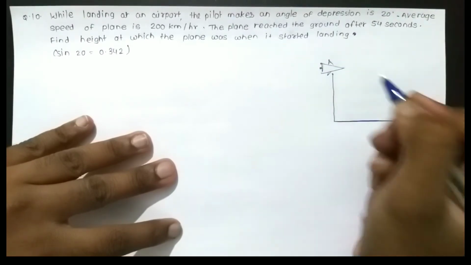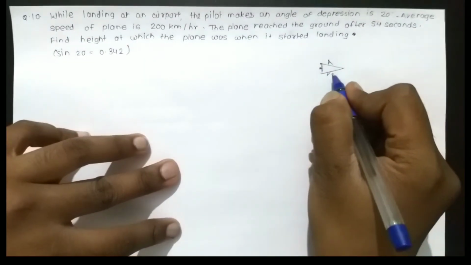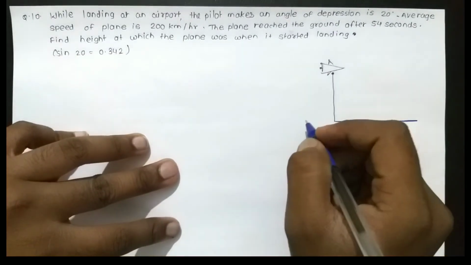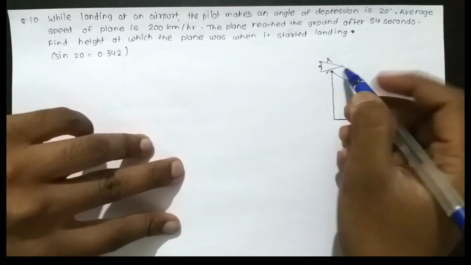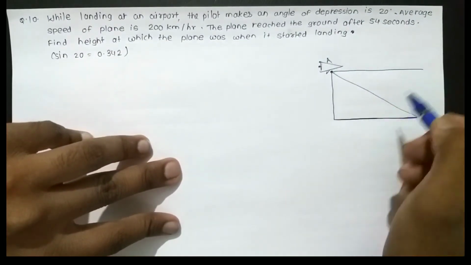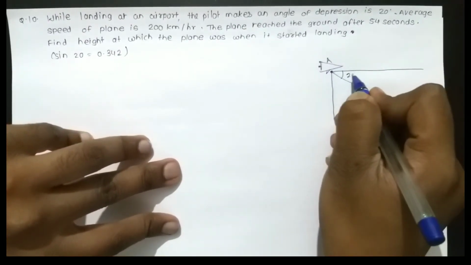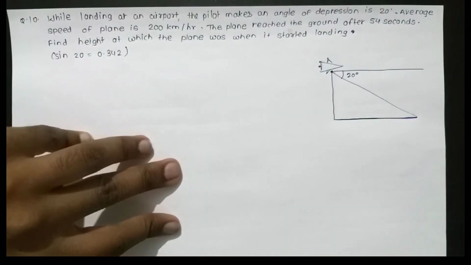Okay, the pilot makes an angle of depression. The angle is always with the horizontal, so the angle of depression is 20 degrees. The plane reached the ground after 54 seconds. We know the speed and time.